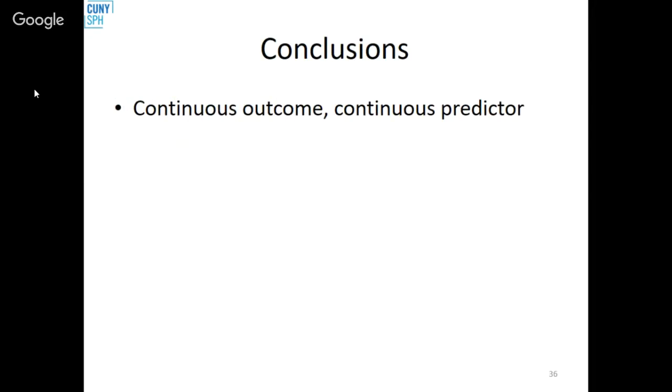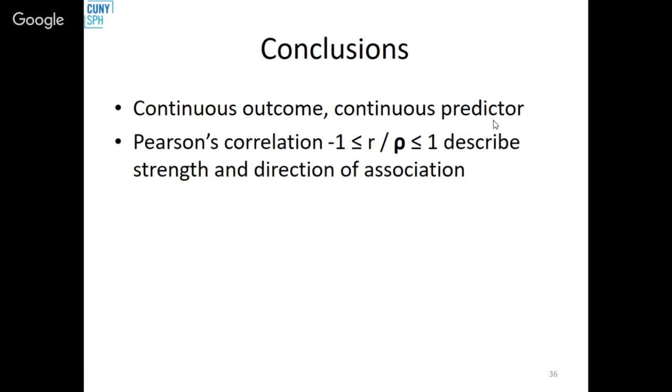All right. So wrapping up, you can use simple linear regression, coefficient of determination, Pearson's correlation for continuous outcome and continuous predictor. Actually, coefficient of determination is more general than that. You can use it for multiple predictors, categorical predictors, analysis of variance, but linear regression and Pearson correlation are a continuous outcome and a continuous predictor.